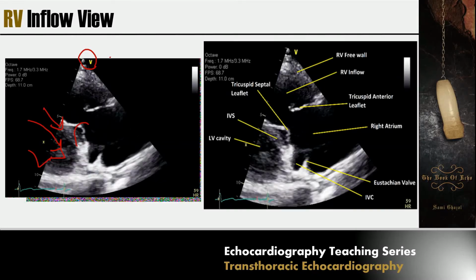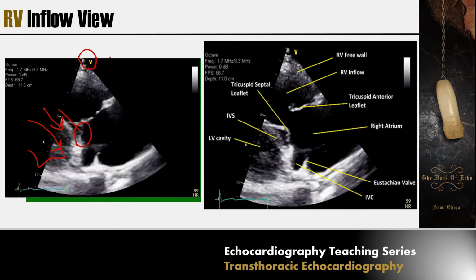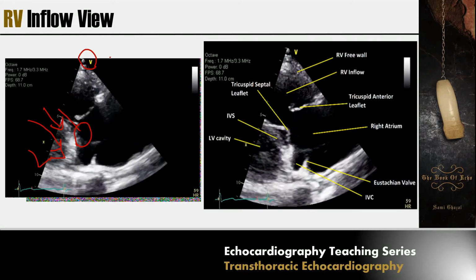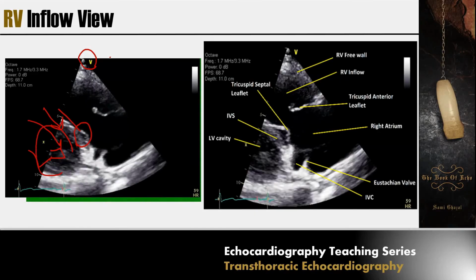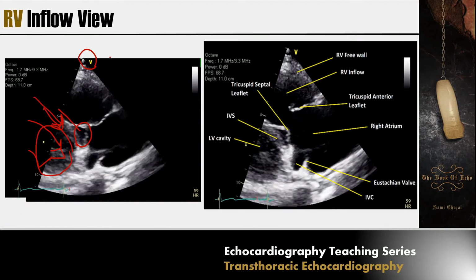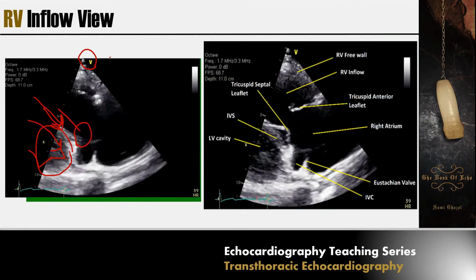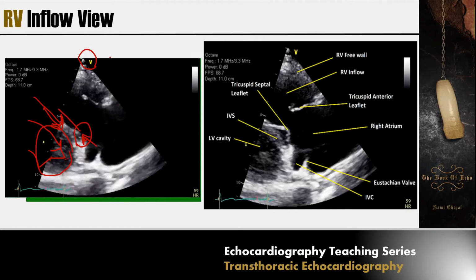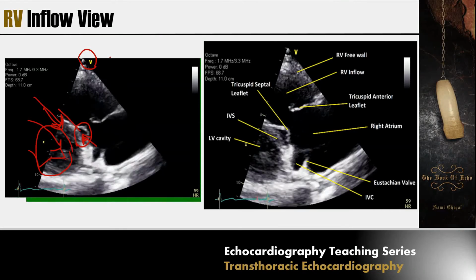And this leaflet of tricuspid valve is always the septal leaflet. If you don't see part of the LV, it means this wall can be the inferior wall or can be the septal wall, and this leaflet can be either the septal leaflet or the posterior leaflet.